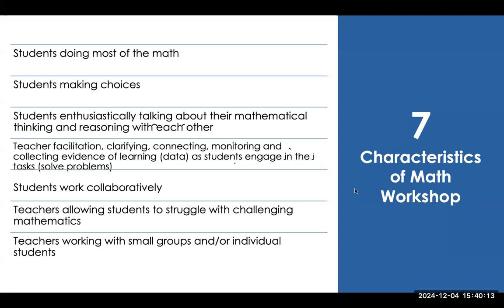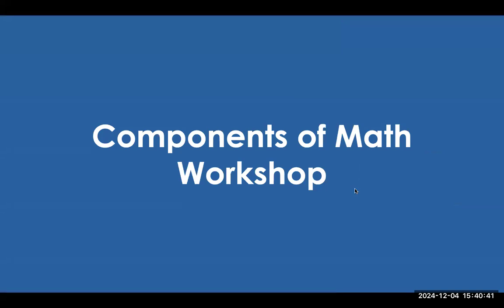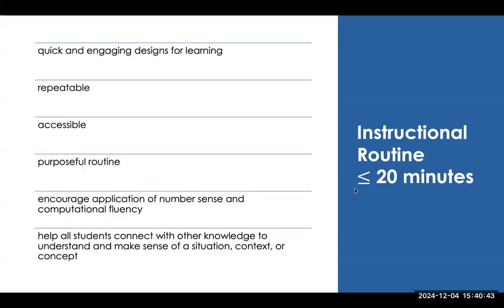It's important that we provide opportunities for students to stretch their thinking, come across struggle, and then learn the tools that they need in order to push themselves forward. And so we want them to have more independence with that. And then it gives us an opportunity, if we are so inclined, to work with small groups and individual students.